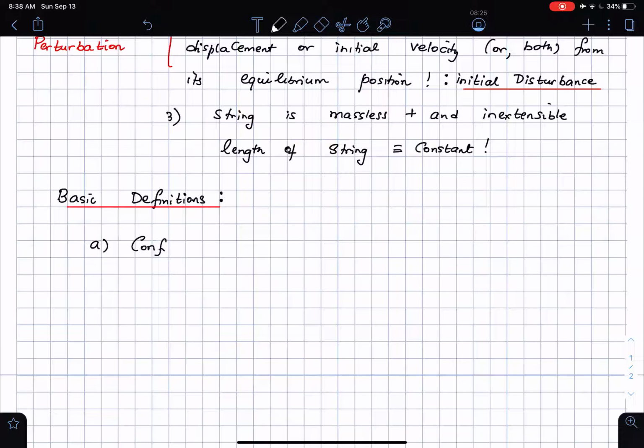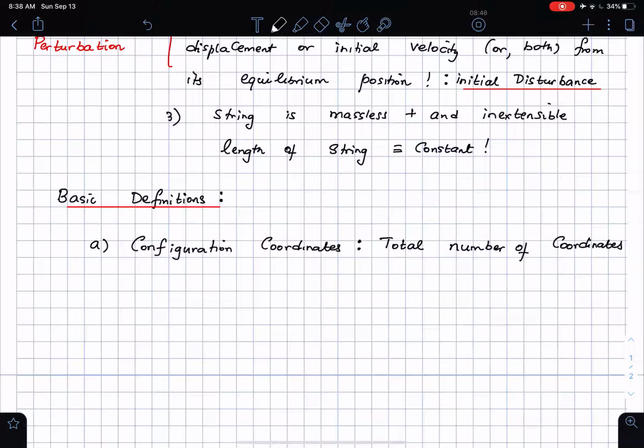Let me write that properly. Configuration coordinates are the total number of coordinates required to specify the position of the particle at any instant in time.